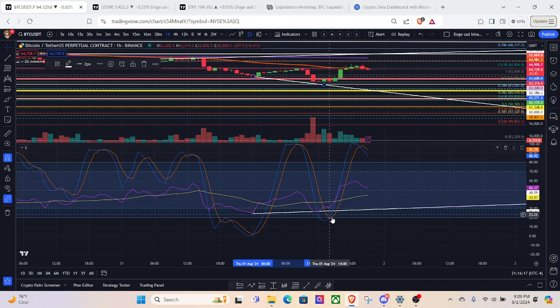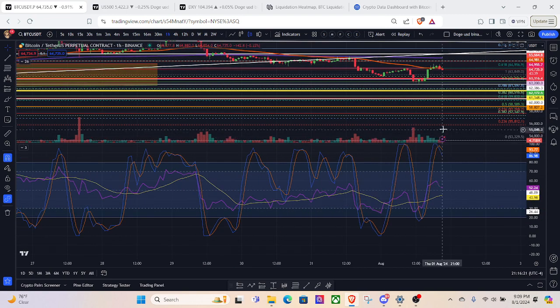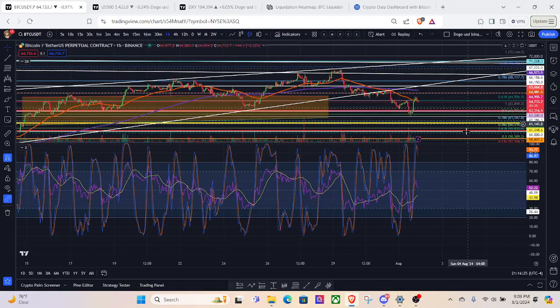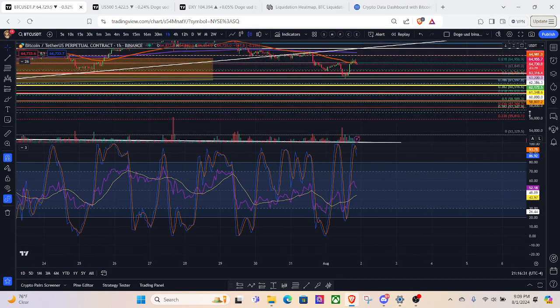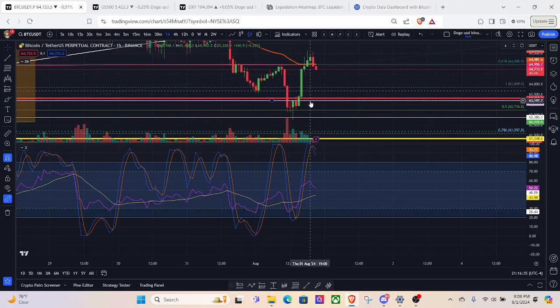So, like I said, Bitcoin is in a very interesting spot because there are a lot of conflicting signals. I'm not exactly sure what's more likely in the more immediate short term because we did have a pretty strong bounce off of this level, and I think some of that can be attributed to the fact that there was a lot of liquidity sitting here.